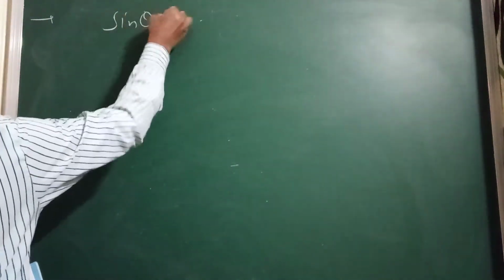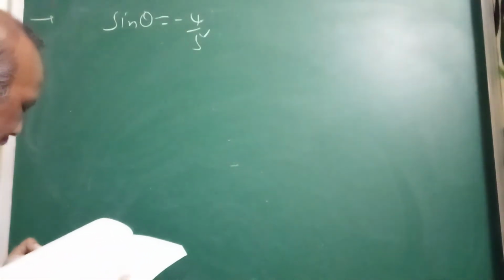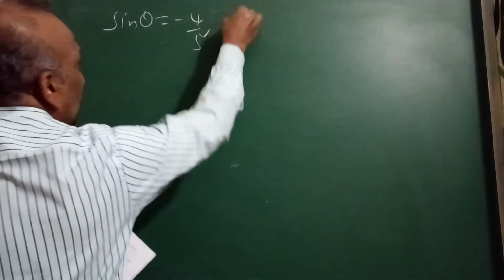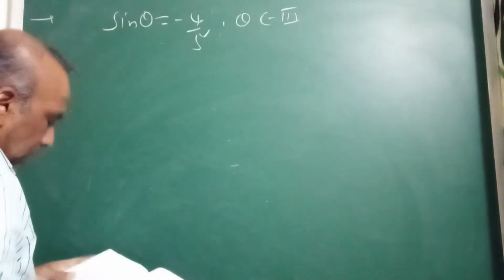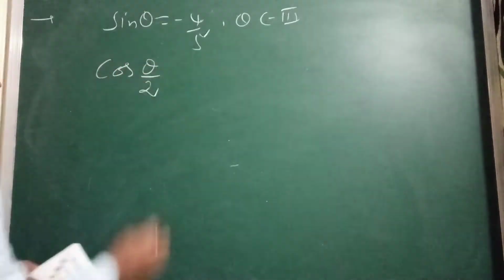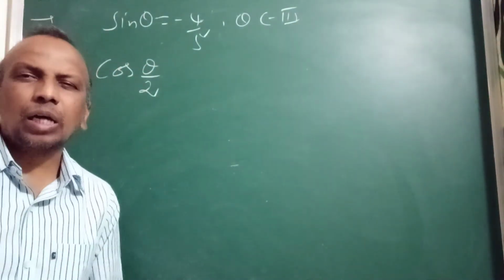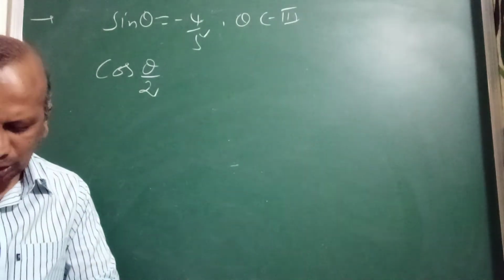Next, if sin theta is equal to minus 4 by 5, and theta lies in the third quadrant, they are asking what is cos theta by 2.